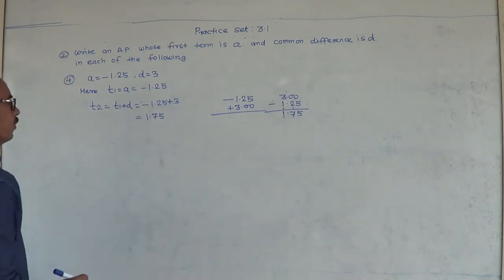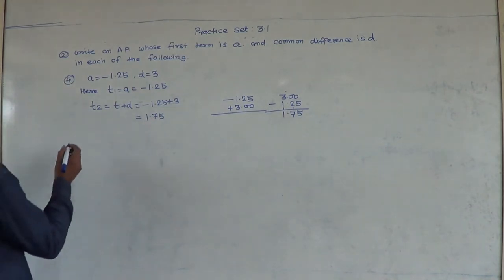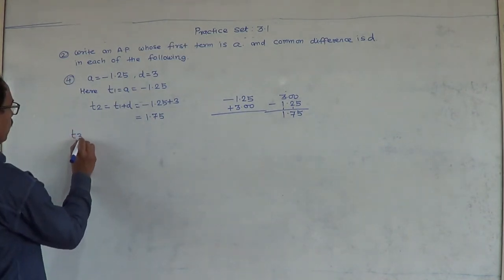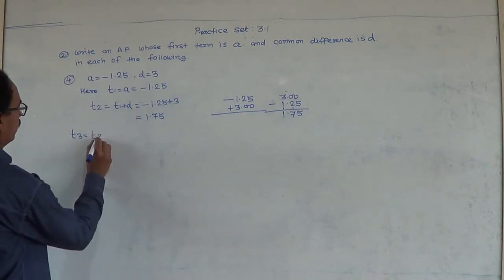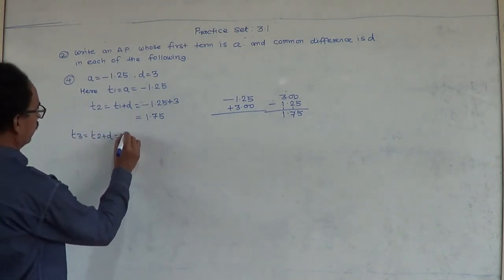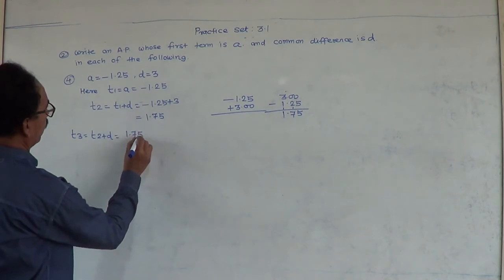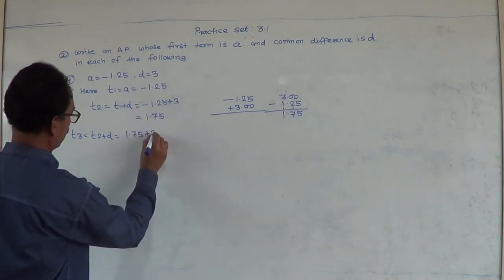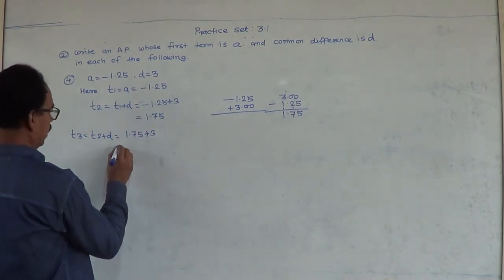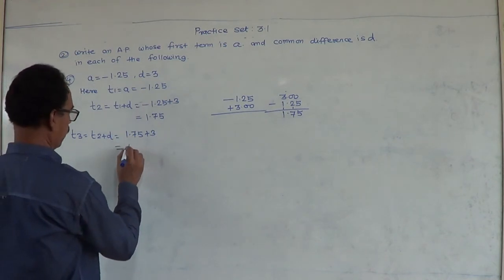T2 is 1.75. Then to find T3, we have to add T2 plus D. T2 is 1.75. We have to add D, that is 3. So here addition will be 3 plus 1, that is 4.75.